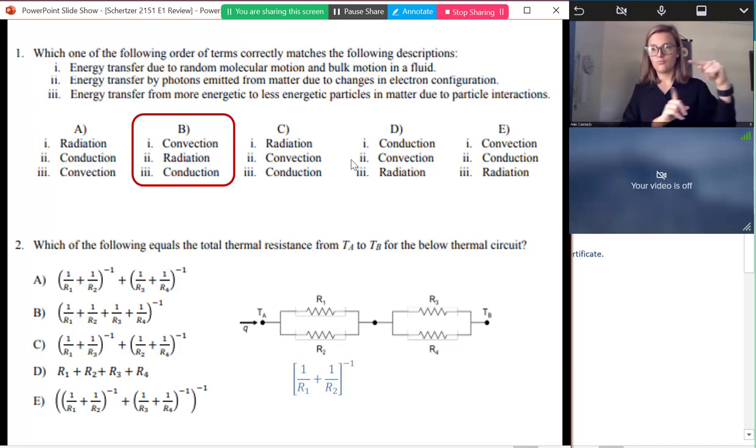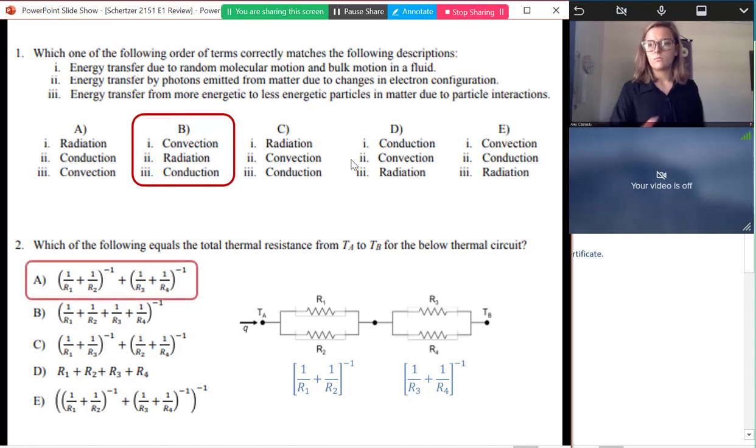So if I was just doing resistance 1 and 2, so what's sort of an effective resistance for 1 and 2, if I put them together, I would add them up like resistors in parallel, like I see here. And I would do the same for 3 and 4. But then since these two resistor networks are both in series, I would then add up these resistors. So here, the answer is A, and the math is shown here.